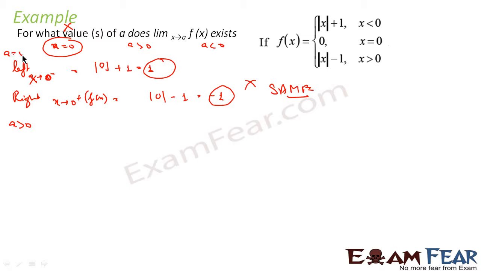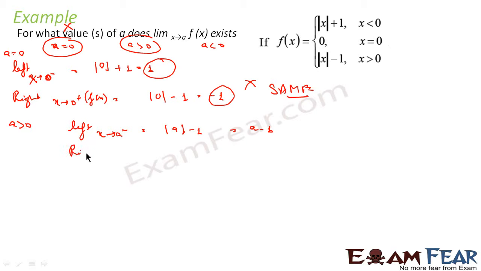Now, case 2, a is greater than 0. For this case, the left limit, that is x tends to a minus, because a is greater than 0, we'll use this equation only, because this is always greater than 0. So this becomes mod of a minus 1, which is a minus 1.